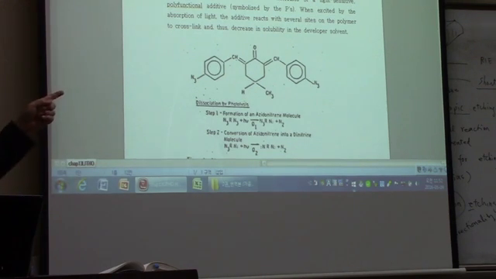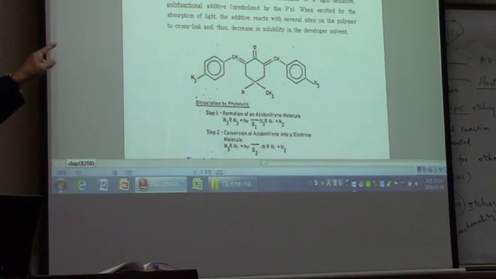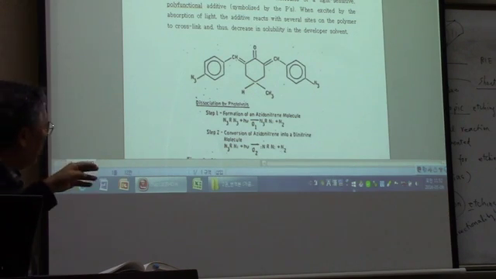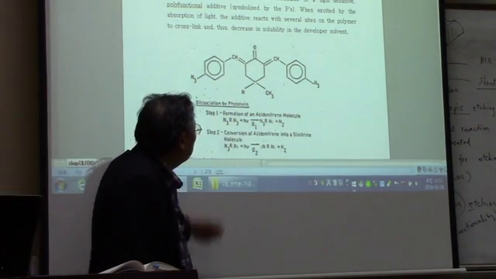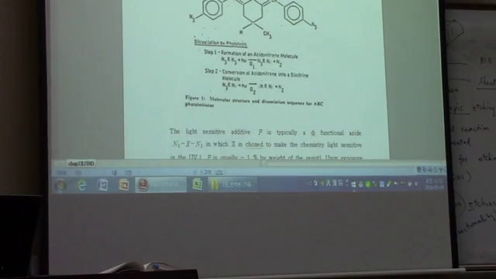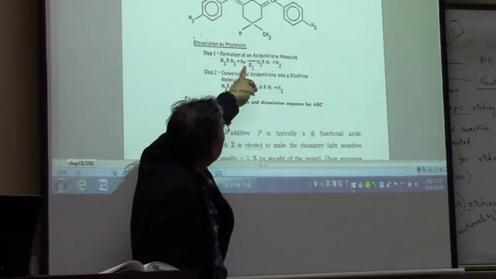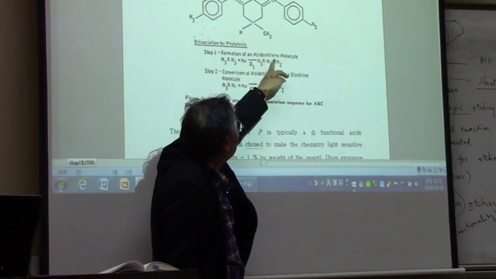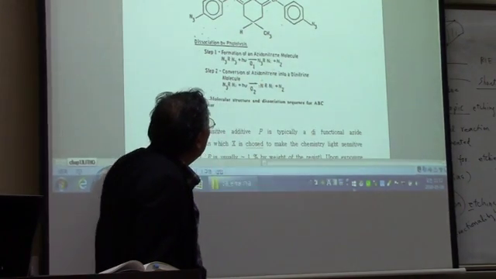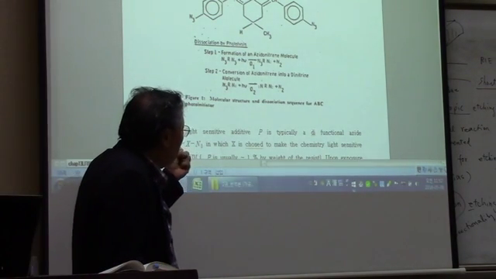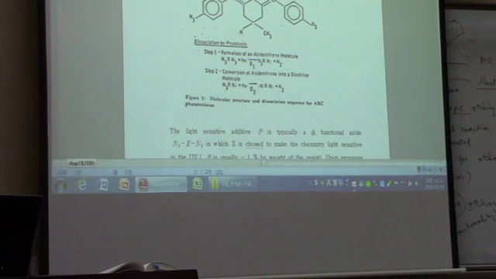The typical negative working photoresist is a mixture of polymer molecules represented by the wavy lines on the top figure, and the molecules of light sensitive, polyfunctional additive there, and this is dissociation reactions, and then you have this radical, and with the light energies, then it becomes these radicals, which is going to promote the cross-linking.